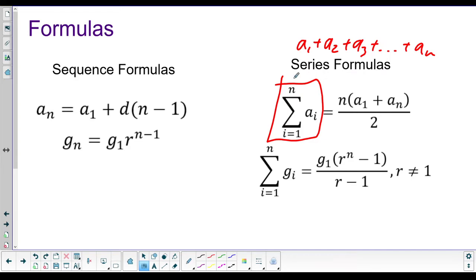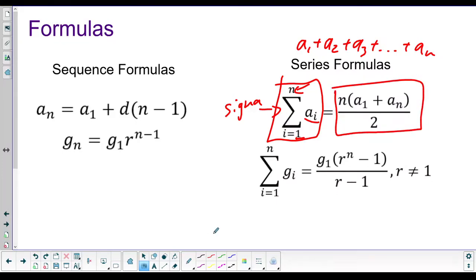This is the shorthand for that. So it's saying if I add up, that's what this big sigma is for, all the arithmetic terms, starting at the first one, going to the term n, the answer I get when I add them all up will be whatever that number is.